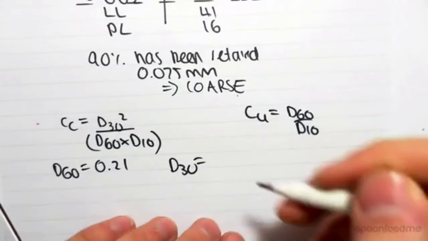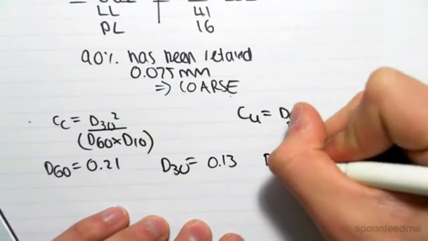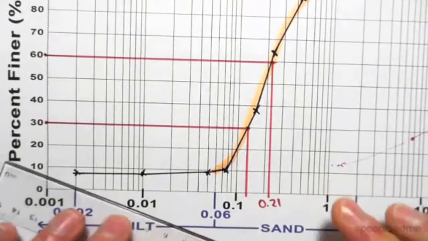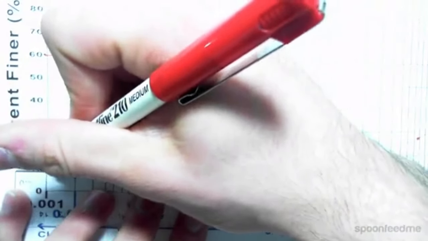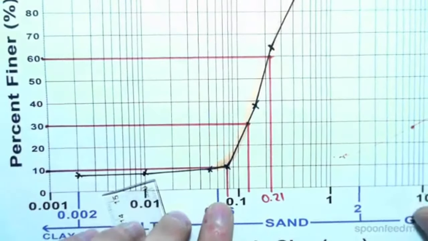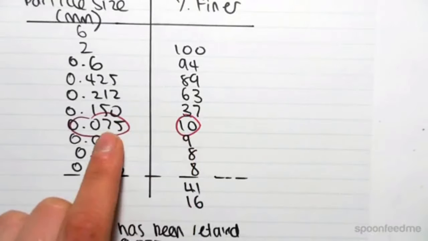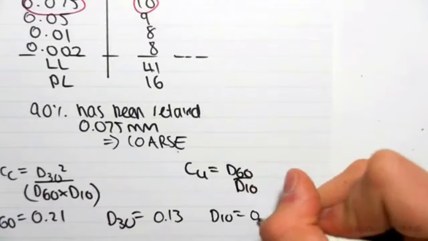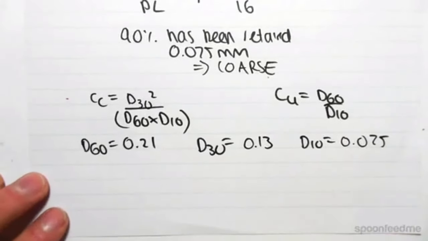So D30 is 0.13. And D10 finally, we would come at 10%, see that it hits that value, and come down, and in this case it's actually 0.075, and you can see that from the table at 10% it's 0.075. So D10 is 0.075. This will now allow us to calculate these values.